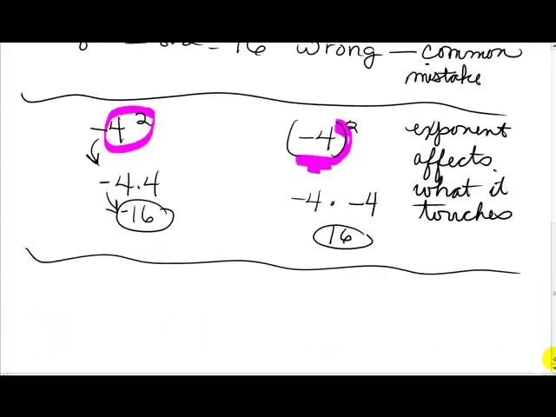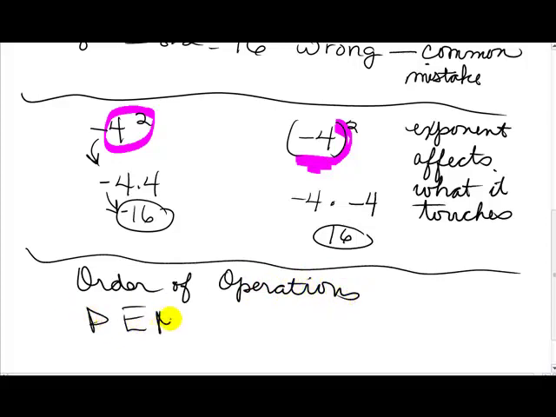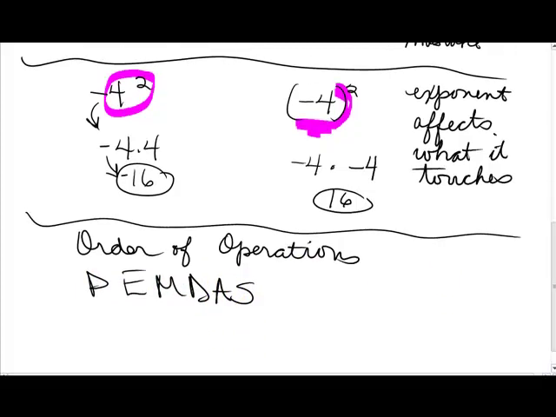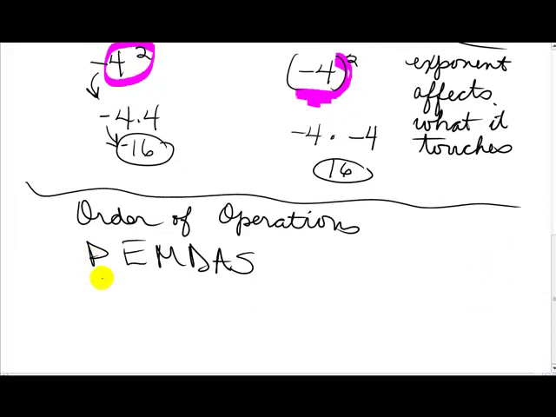We're going to use exponents in our order of operations. Probably remember this as PEMDAS, or maybe please excuse my dear Aunt Sally. The P is for parentheses. It's also for brackets, set notation, and absolute value.